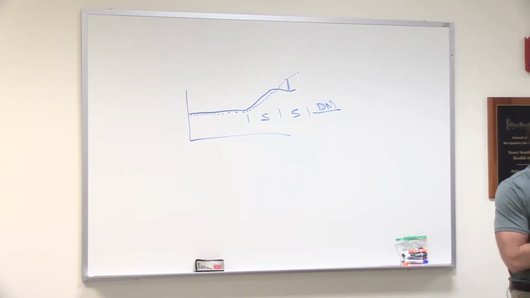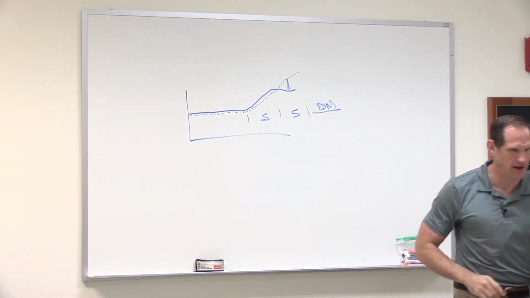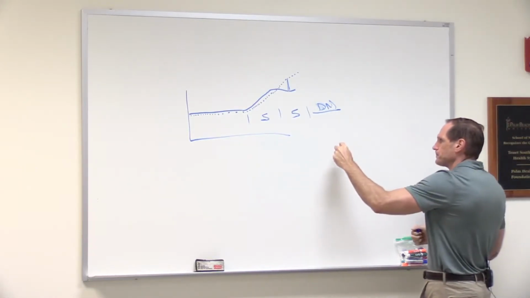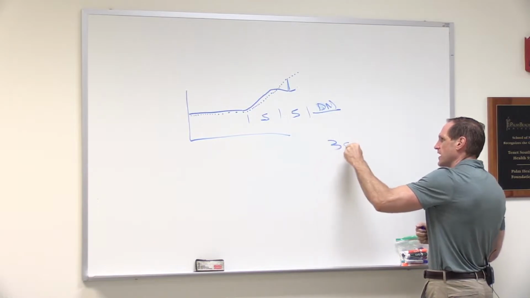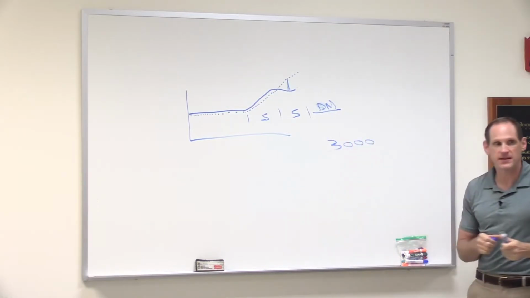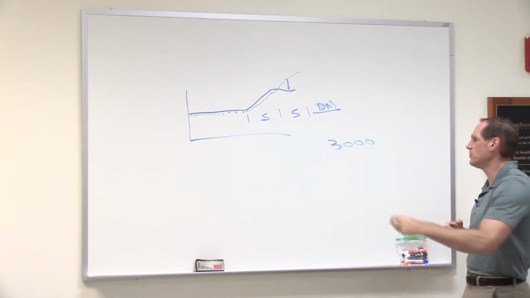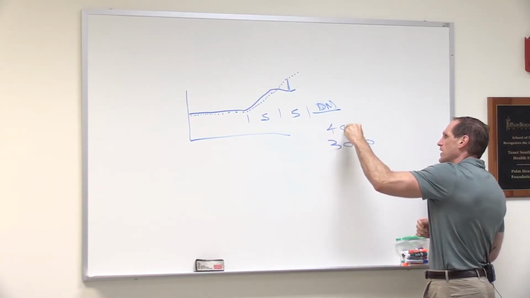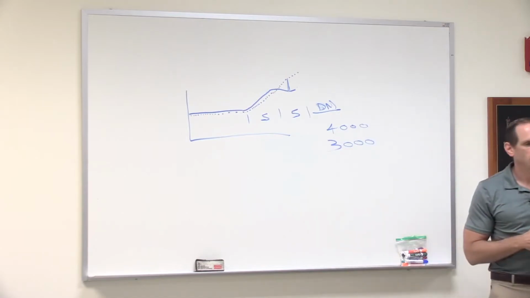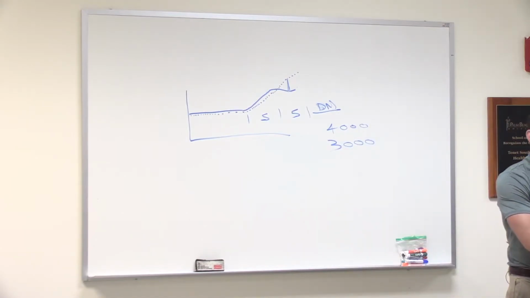Now, sometimes people are like, I don't get it. So let's think about it for a moment. Let's say that it takes 3,000 calories for you to maintain your current weight. But at this moment in time, you're eating 4,000 calories. This is per day, by the way. What's going to happen in your body?